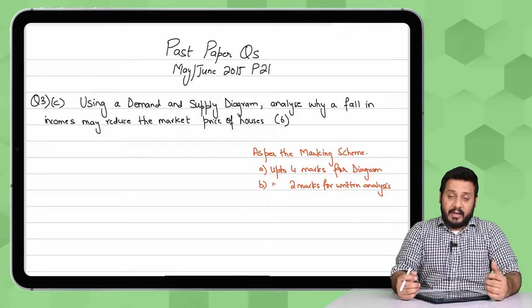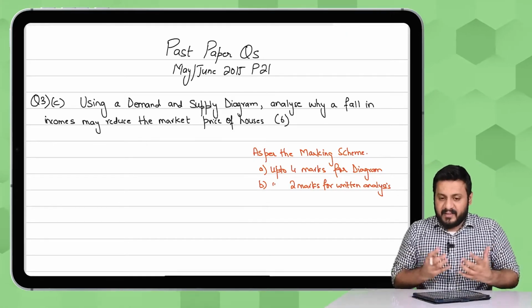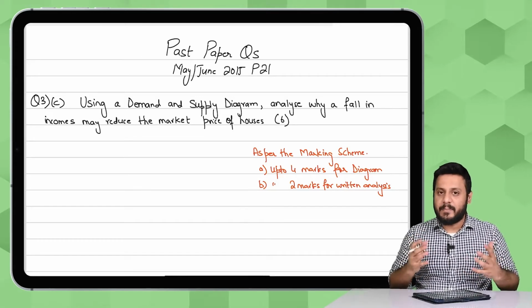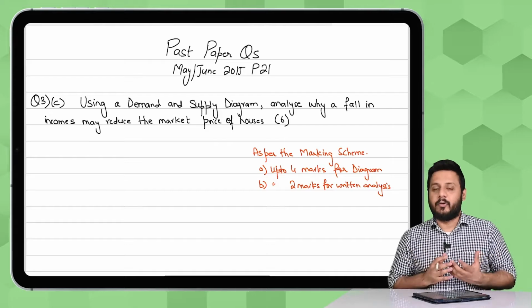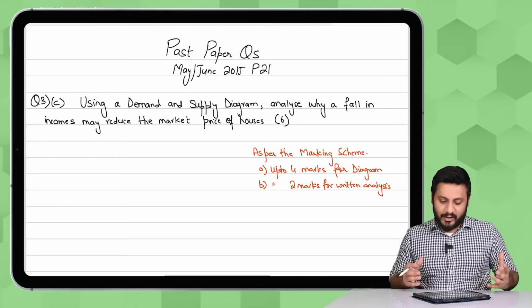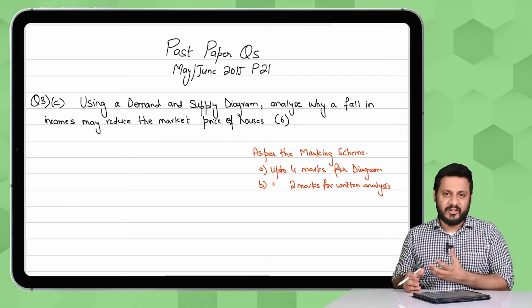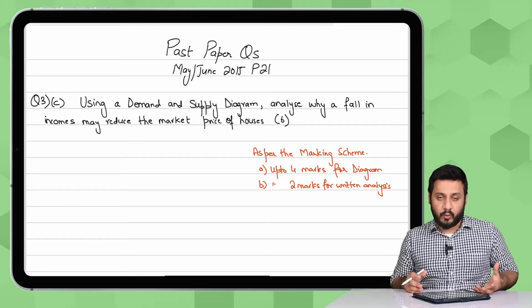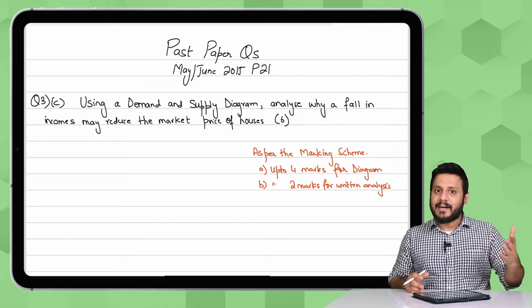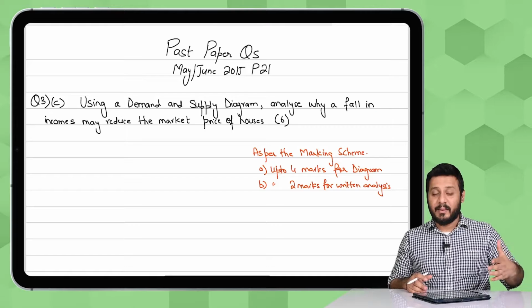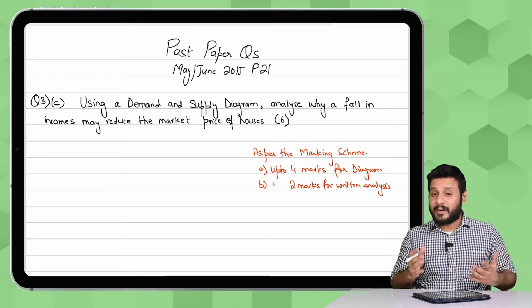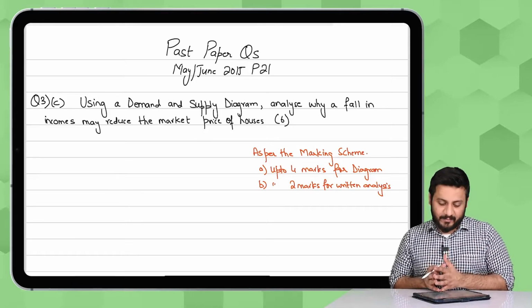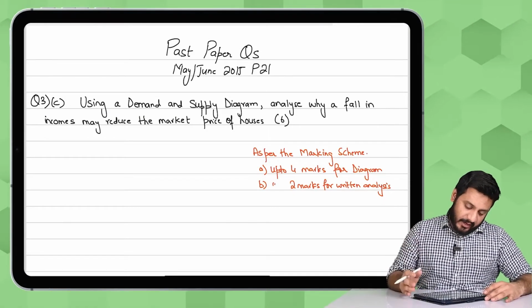In short, it's a very deep explanation of whatever point you're trying to make in your answer, backed up by relevant examples, by evidence, and also by relevant diagrams. So the question says that incomes are falling.